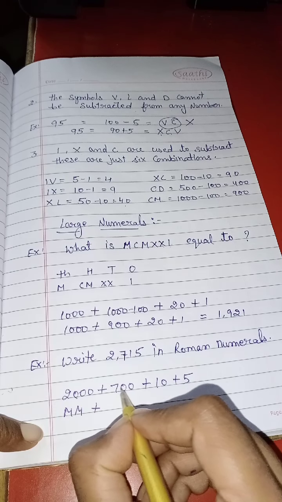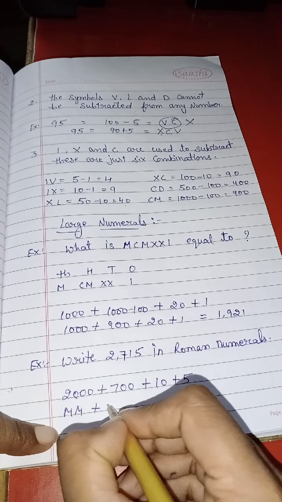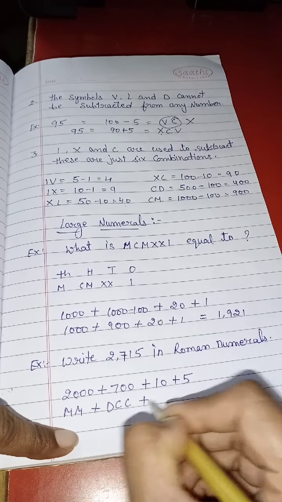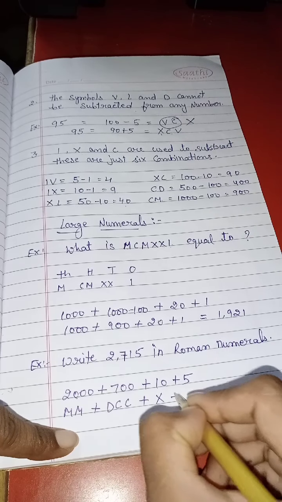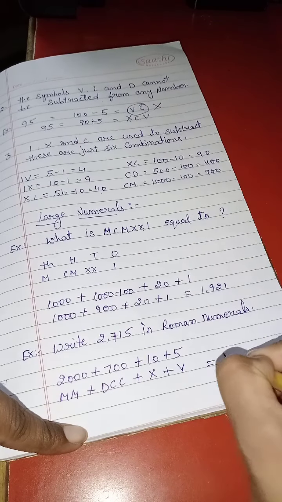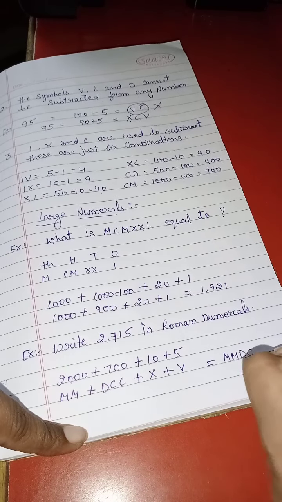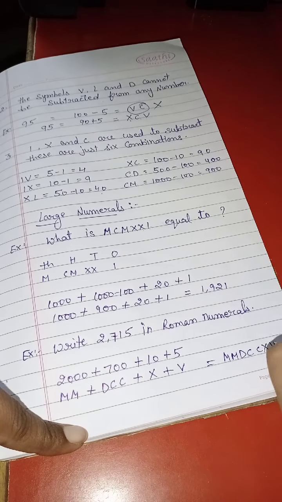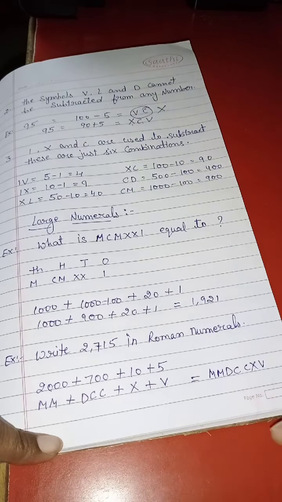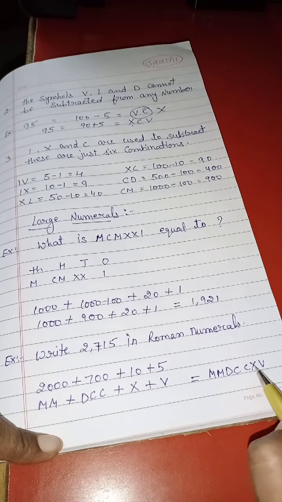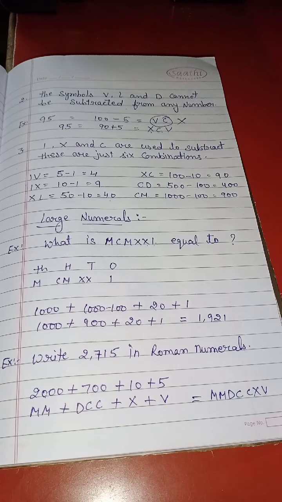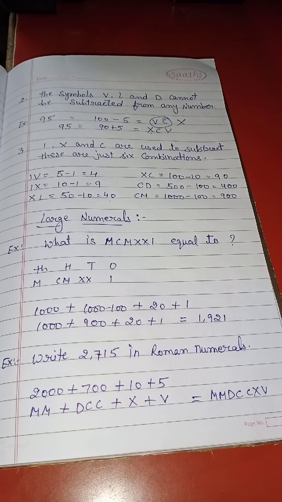D has a value of 500, so DCC. 10 is equal to X plus 5 is equal to V. So we write the Roman number MMDCCXV. So 2715 is equal to MMDCCXV. So students, in this way you have to write and read the Roman numerals and Hindu-Arabic numerals.